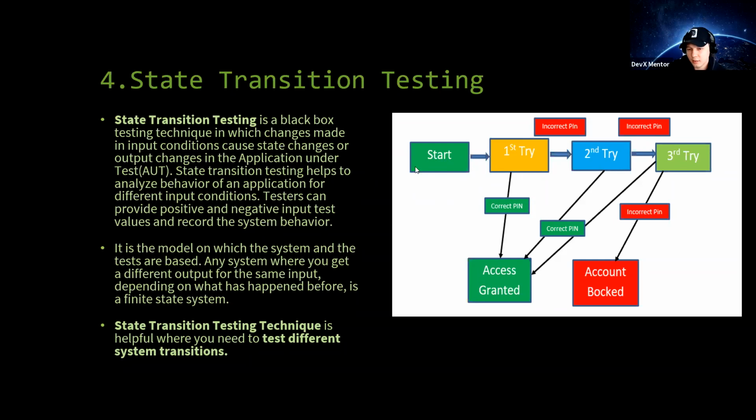It is a model on which the system and tests are based, a system where you get a different output for the same input depending on what has happened before, and it's a finite state system. So, as I mentioned, different or same output will have different scenarios. We need to think about this. So yeah, it's very helpful when you need to test different system transitions.